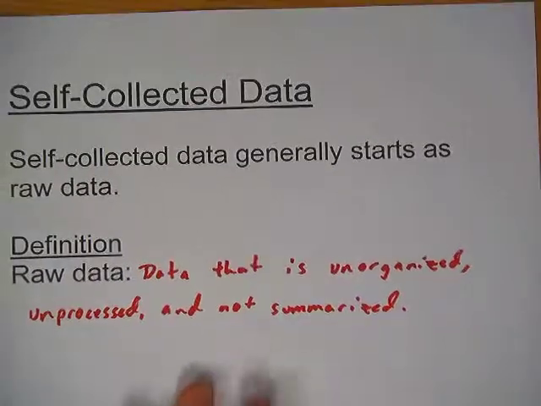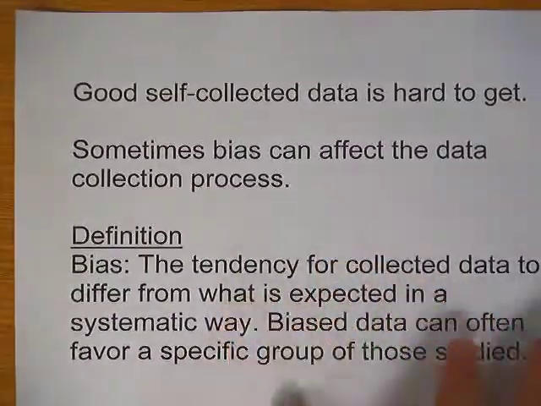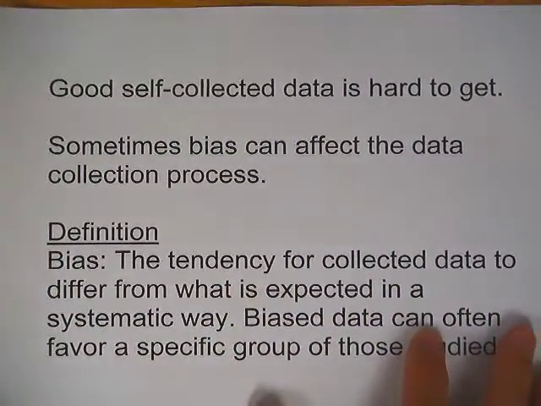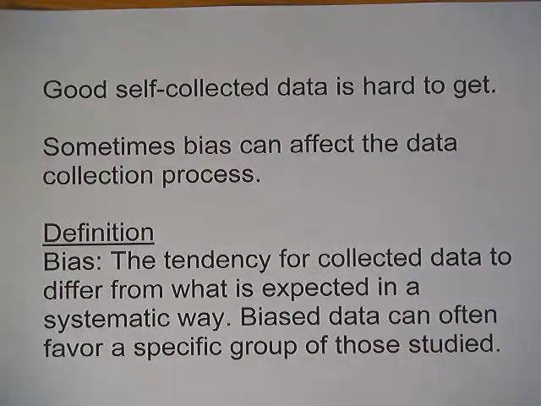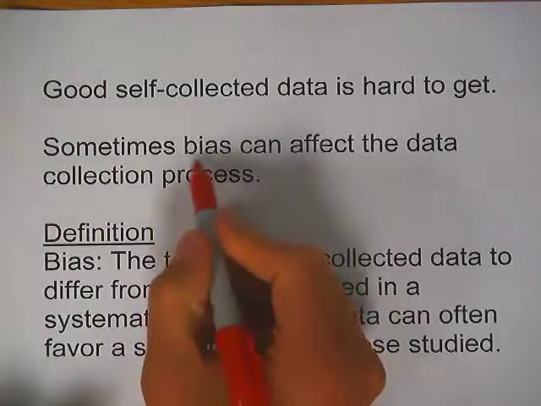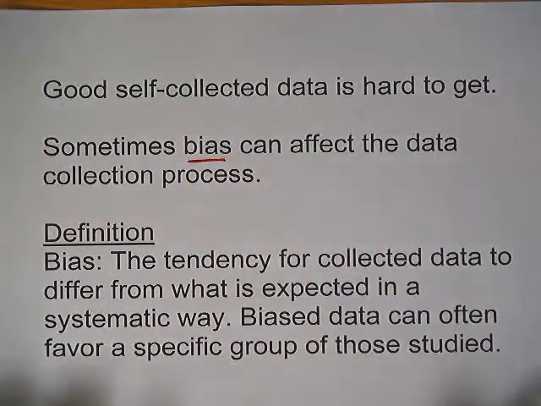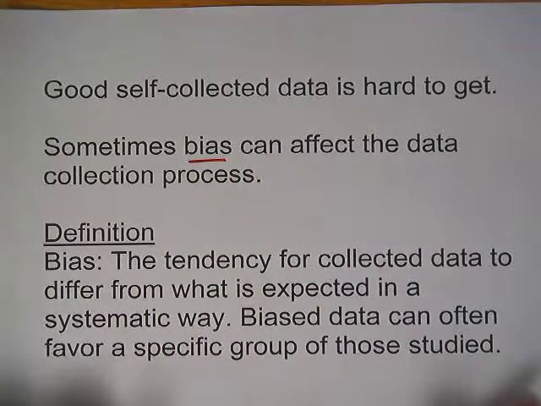In that case, it's going to be pretty easy to collect the data. In many other instances, good self-collected data is going to be pretty hard to get. And one thing you want to do when you're collecting data is to avoid what's called bias. Sometimes bias can affect the data collection process.